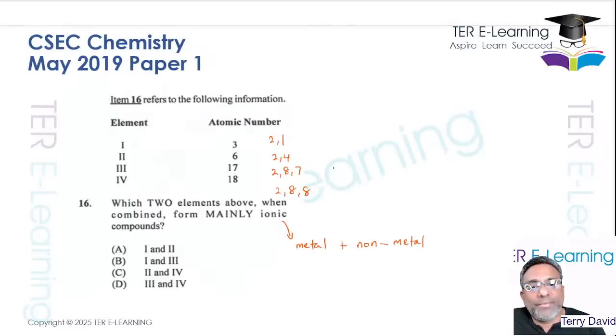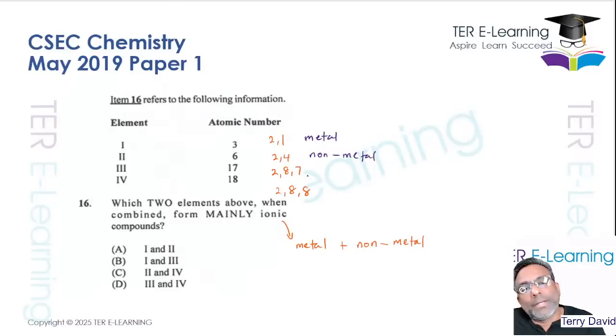Now, based on the data we have here, this belongs to group 1, so this is a metal. This one is group 4, so this is a non-metal. This one here is group 7, so that's also a non-metal. And the last one here is also a non-metal because it is group 8 or group 0.